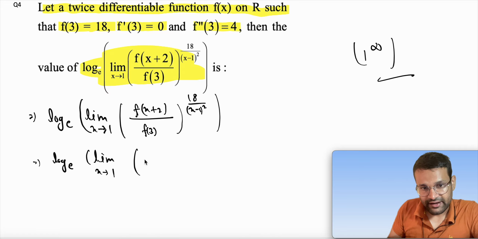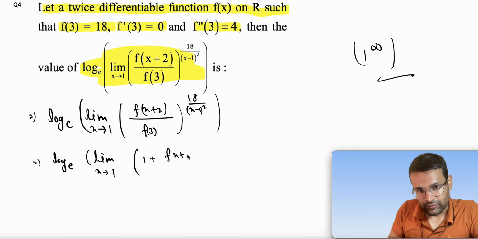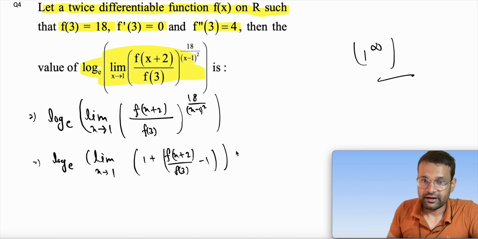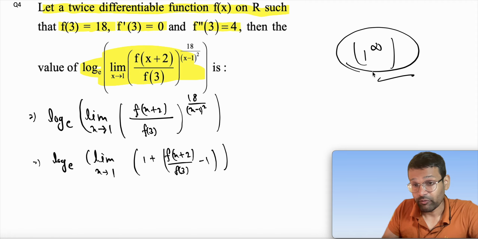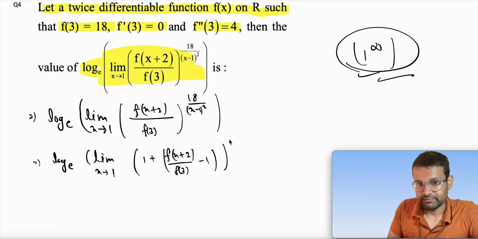Now we can add 1 from our side, and we subtract 1: 1 plus (2 f(x) by 3 minus 1). Why do we do this? Because when it is in this form, we do this type of mathematics.